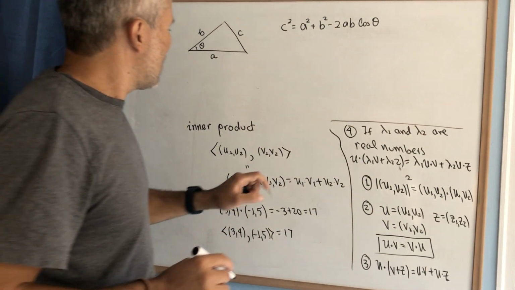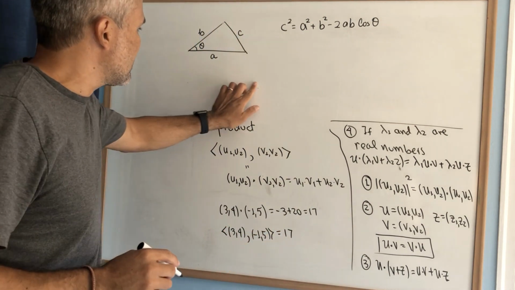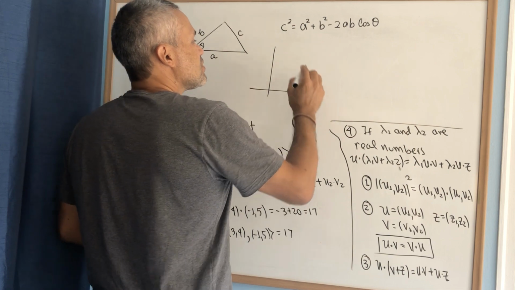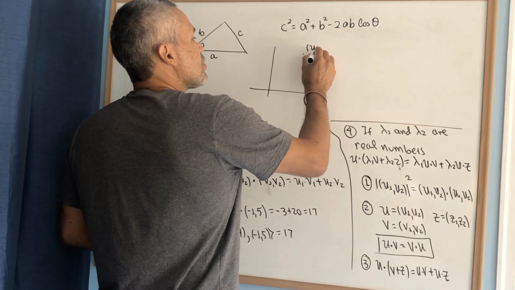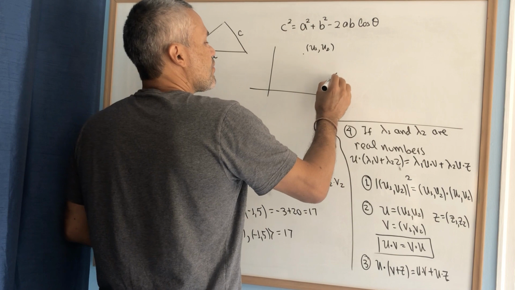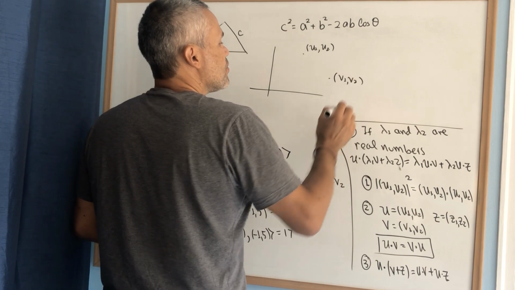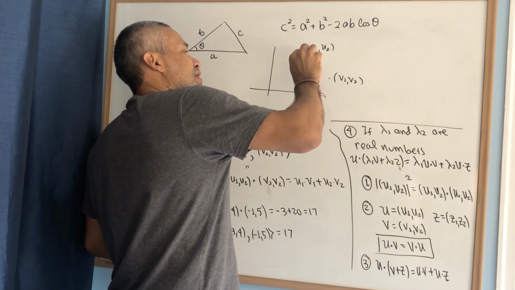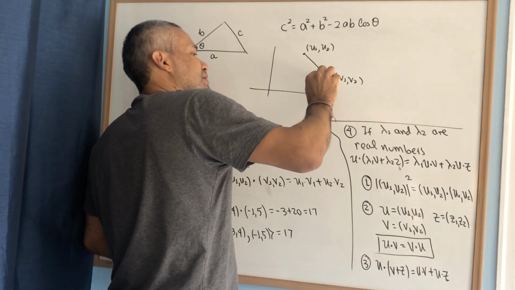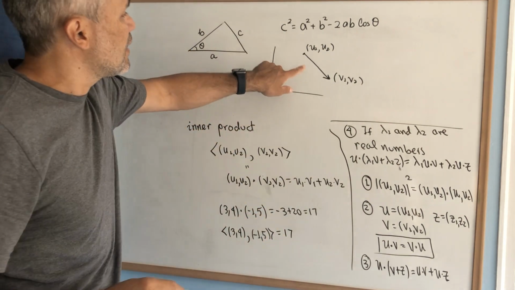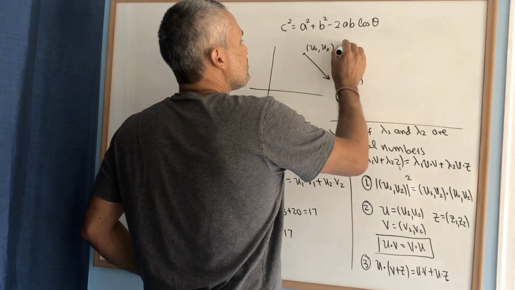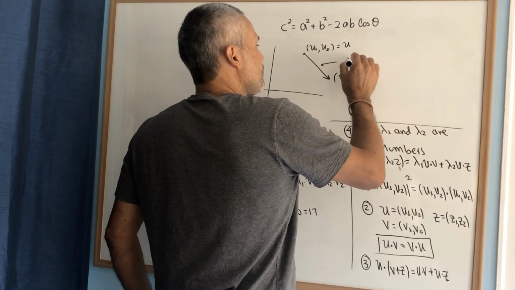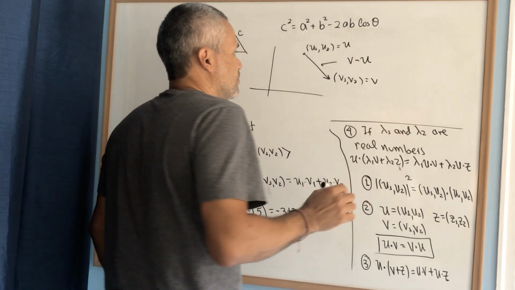On the other hand, something very important is that if we have two points, let's suppose the point (u1, u2) and here the point (b1, b2), and we think about the vector that starts here and ends here, if I call these u and v, this is the vector v minus u.